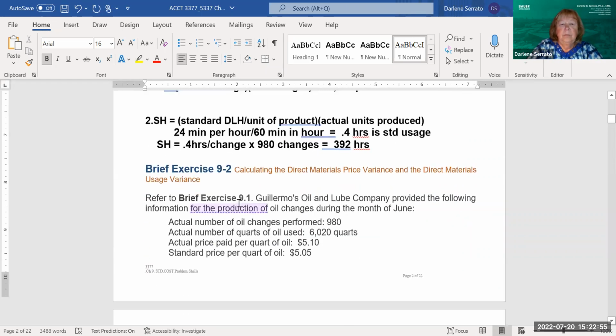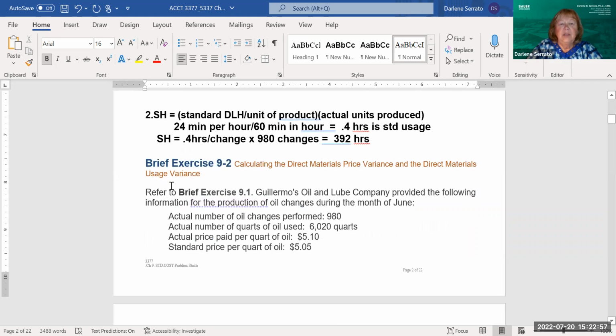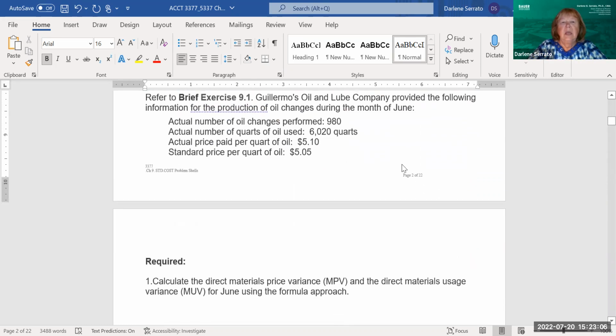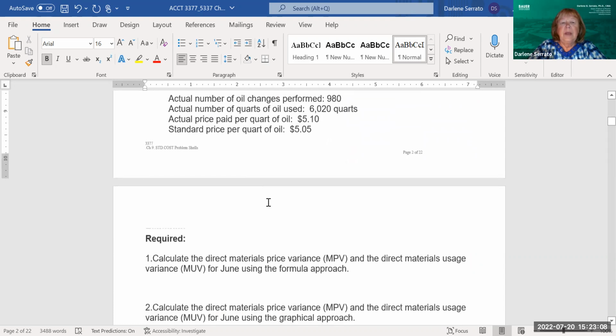Now, brief exercise 9.2, we're using the same information. They want us to calculate the materials price variance and the materials usage variance. Here is the actual information.